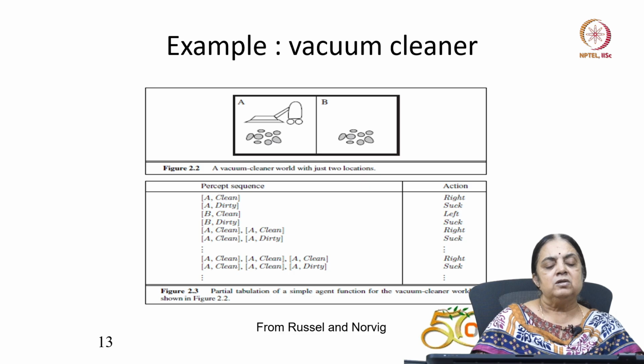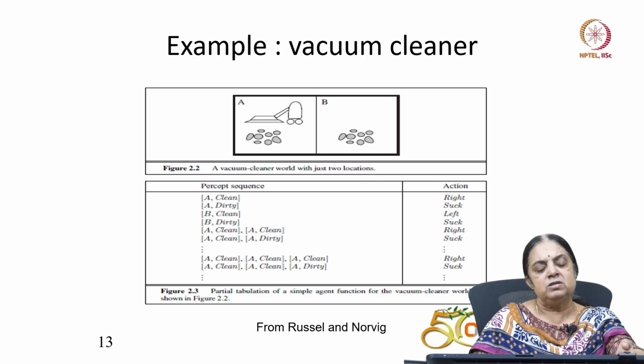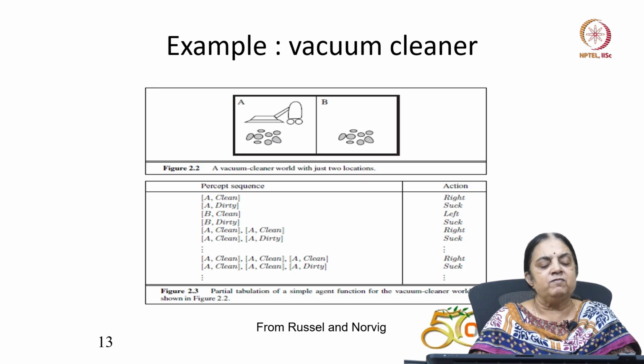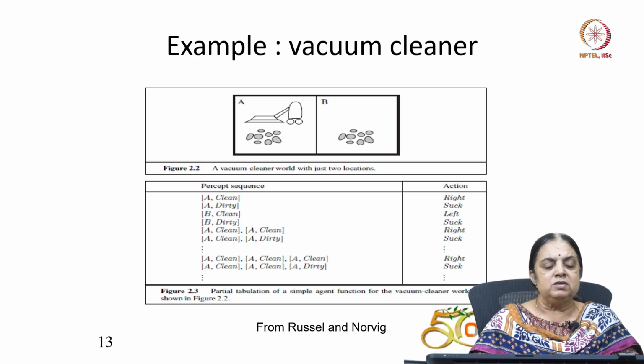So if you have a percept sequence like this, suppose you have A clean, which means it's in A and A is clean. What is the action to be taken? It should go right. Suppose it's in A and A is dirty, the action that it should take is suck the dirt. So this is an example of a table lookup, basically.